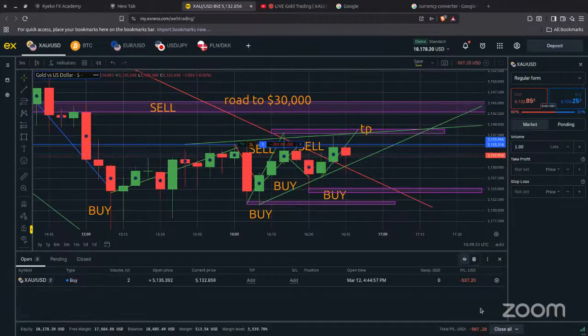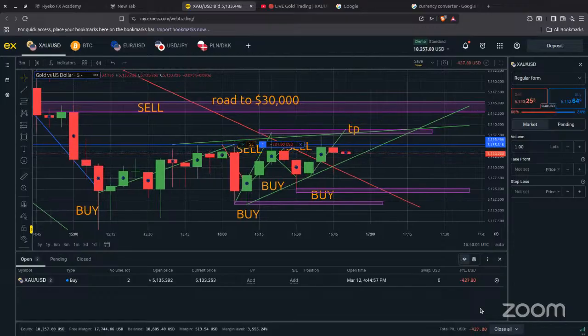Remember, I made a lot of losses, so the best way is to... I still have some buys there. So I will have to wait for it to go. It has closed here. You see where it has closed?